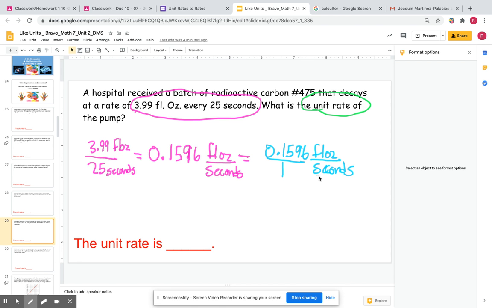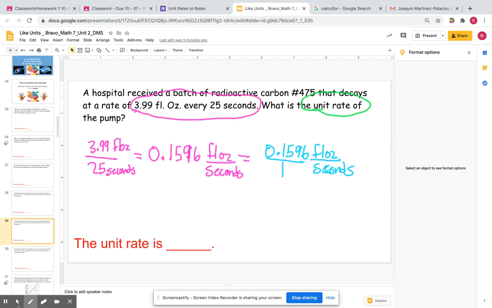So for 1 second, this decays 0.1596 ounces. So in 1 second, it's decaying that much, which is 0.1596.